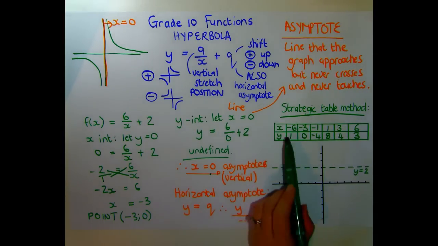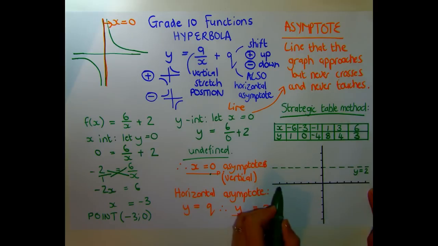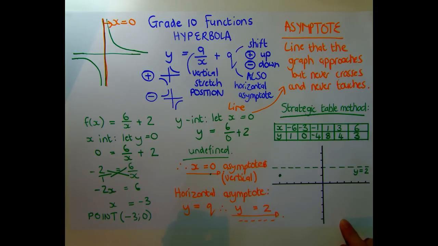Okay, so plotting x is -6 and y is 1. So these I've done as centimeters, and -6 will obviously be here. 1, 2, 3, 4, 5, 6, that's -6, and 1. -6 and 1 is over there. I'm going to label the points at the end.